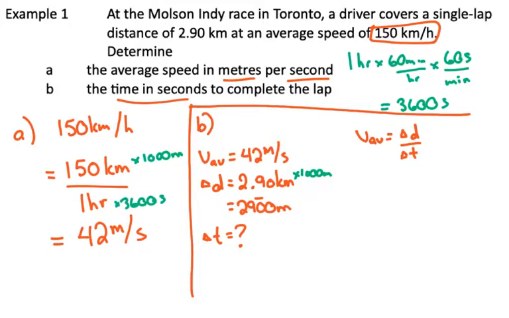So at this point, we can substitute in 42, 2,900, simple equation here to cross multiply. So we get 42 delta t equals 2,900.